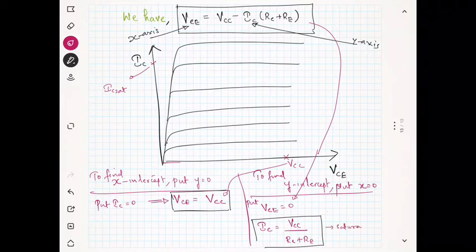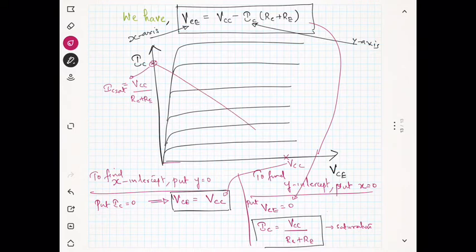So IC sat equal to VCC over RC plus RE. Now you can draw the line. This is known as the load line. I hope that this is clear how to draw the load line.